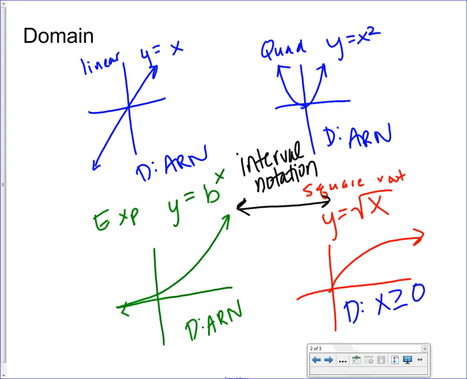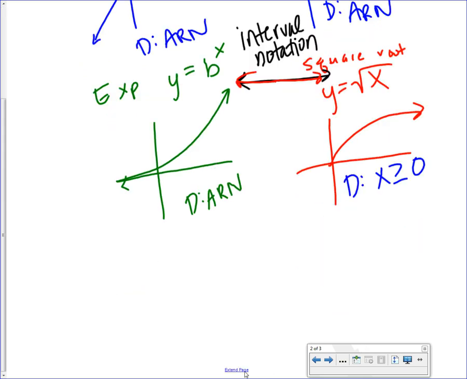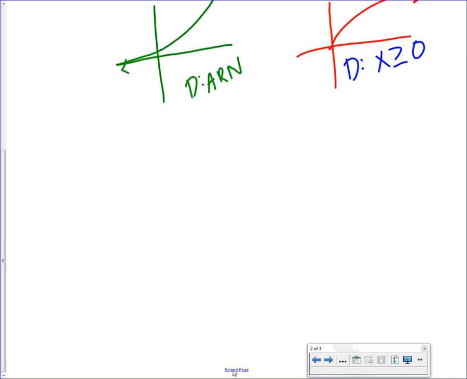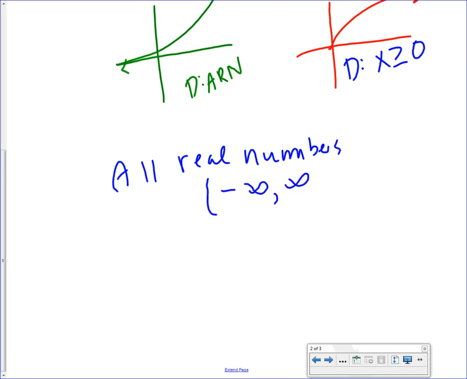So if you're talking about all real numbers on the number line, that goes all the way left on the number line and all the way right on the number line. So the interval notation for all real numbers is going to be from negative infinity to positive infinity.